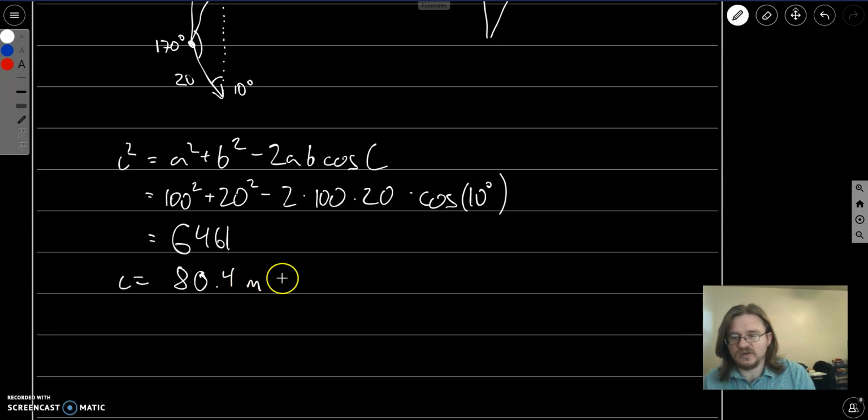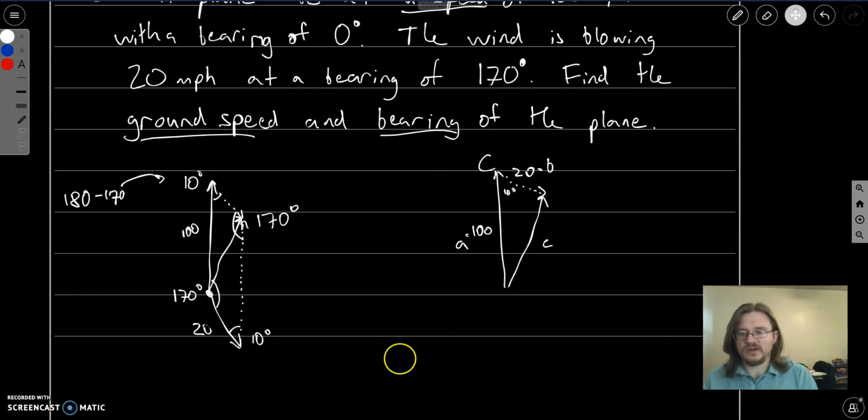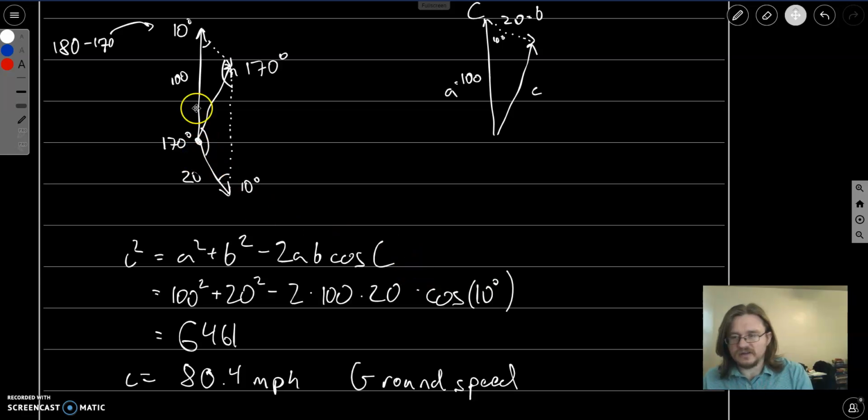So this is going to be miles per hour, and this is going to be the ground speed for our plane. So if you're trying to fly 100 miles an hour due north, but you've got a 20 mile an hour wind blowing nearly due south, we'll be going a little bit more than 80 miles per hour. Only a little bit though.